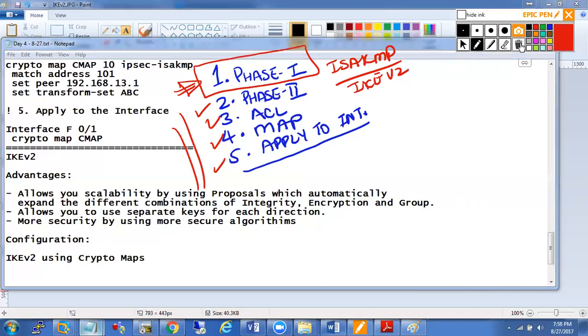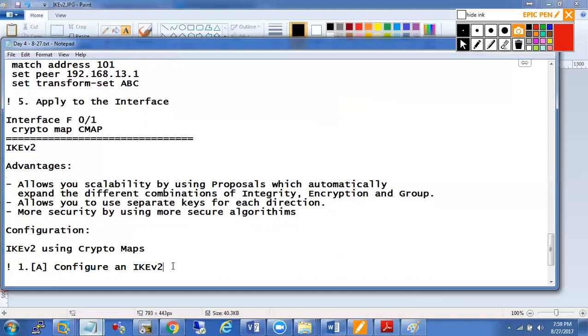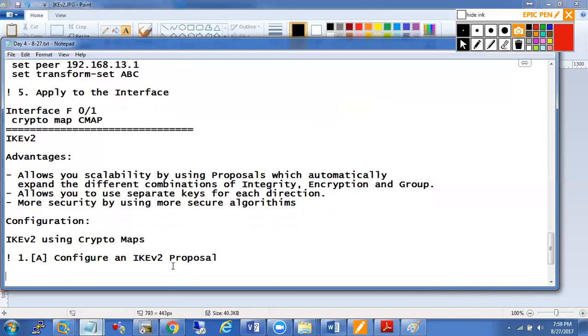And this part, I'm going to do it on the router, because there are certain things I want you guys to take a look at in terms of the advancements in the syntax by looking at question marks. So step 1A is configure an IKEv2 proposal, the one that will actually expand and create all the different combinations.